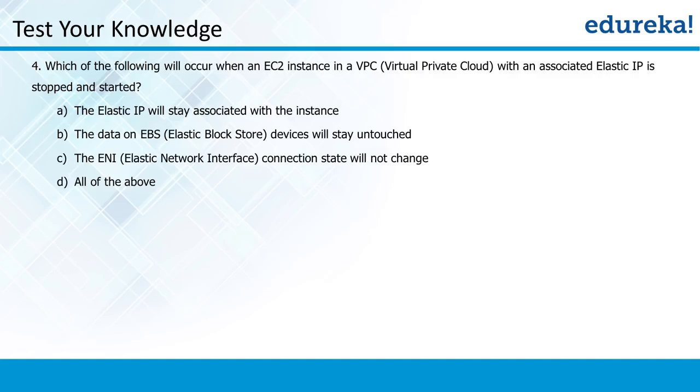We've not covered EBS, but maybe some of you are familiar with this. The ENI, the Elastic Network Interface Connection state will not change, right? So, maybe you can take a guess here. This is actually a very difficult question, right? And I think this is an actual question from the AWS certification examination, right?